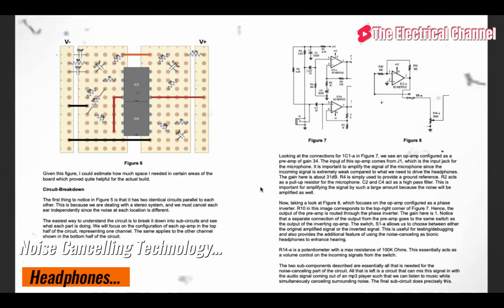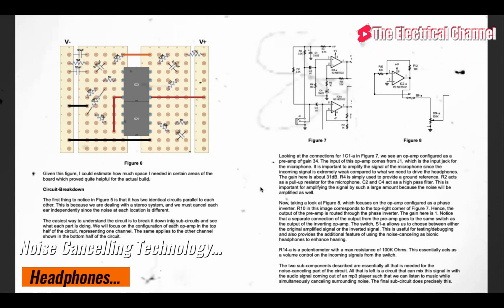Circuit breakdown. First thing to notice in figure 5 is that it has two identical circuits parallel to each other. This is because we're dealing with a stereo system, and we must cancel each independently, since the noise at each location is different.